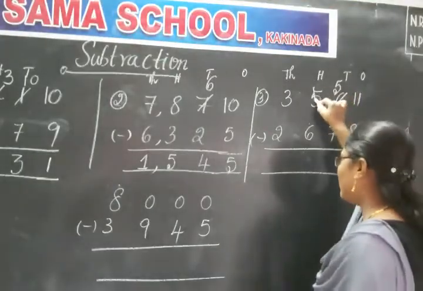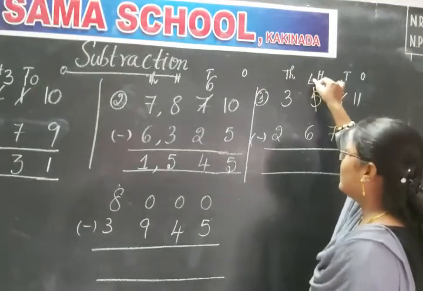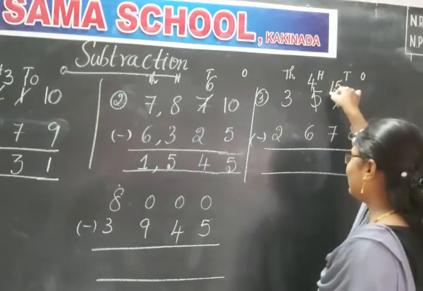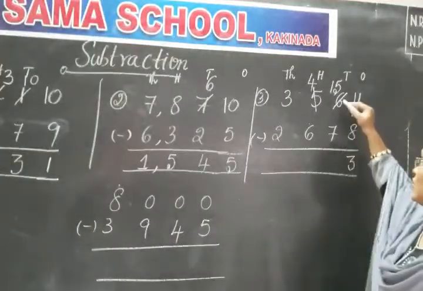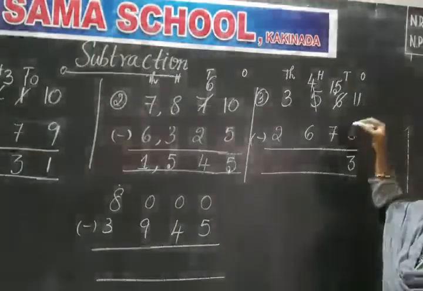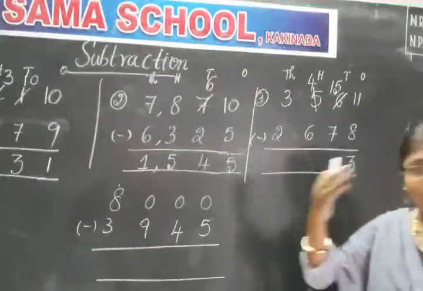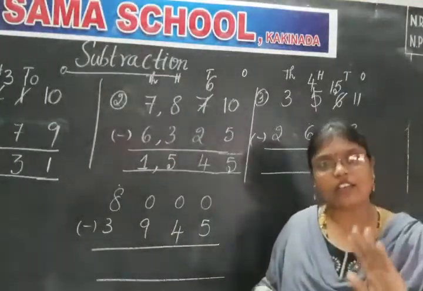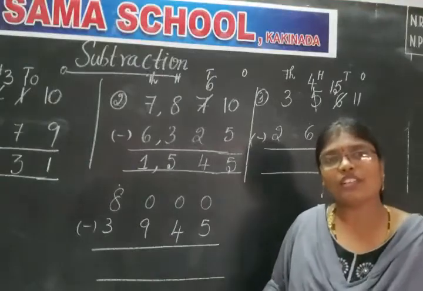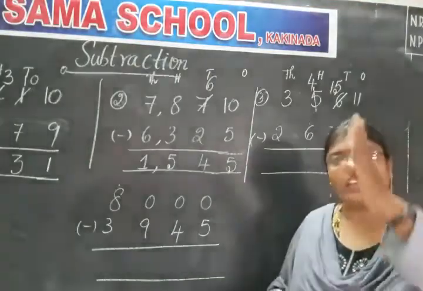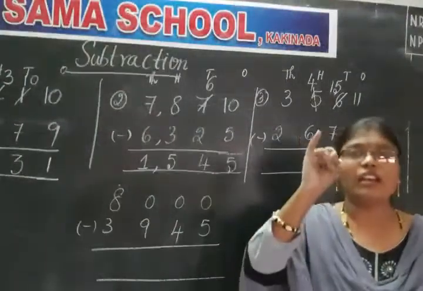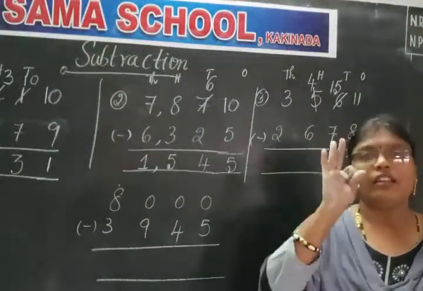It will become 4. And the tens place number becomes 15. So you have to subtract 7 from 15. Count after 7, 8, 9, 10, 11, 12, 13, 14, 15. How much?